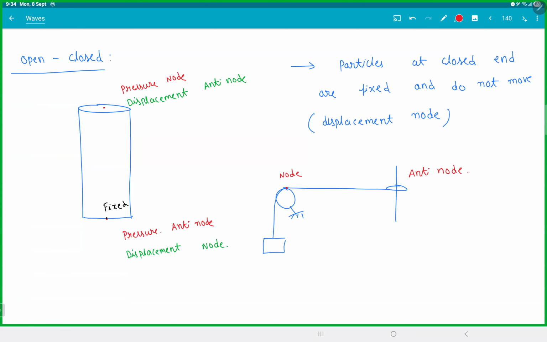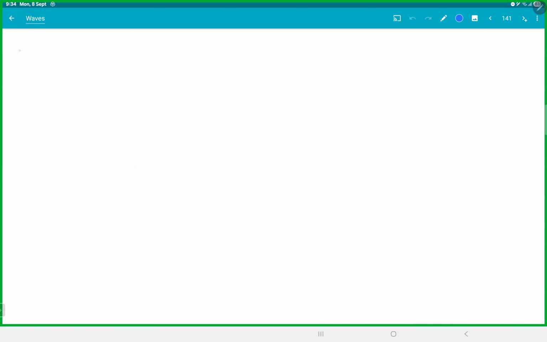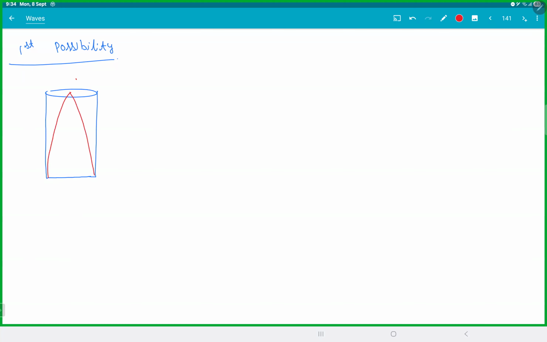So what is the first possibility? A half loop. Because this should be a pressure node and that should be a pressure antinode.